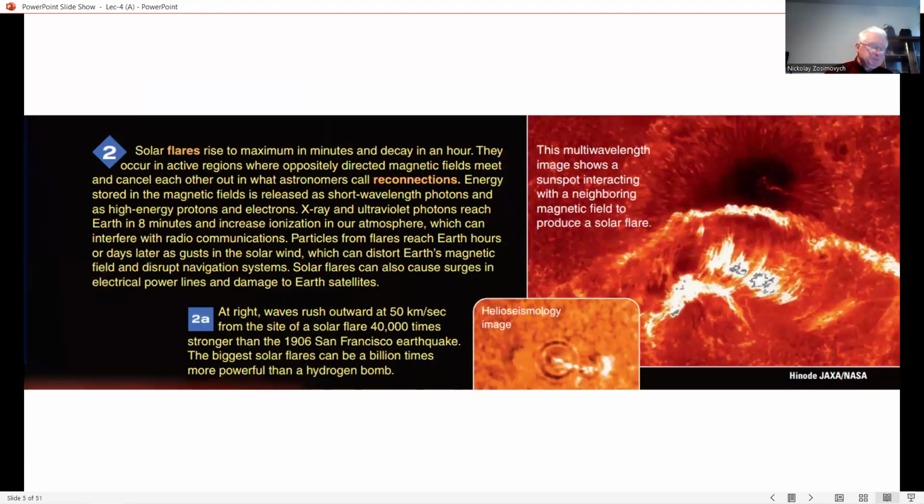Second, tremendous energy can be stored in arches of magnetic field. And when two arches encounter each other, a reconnection can release powerful eruptions called flares.